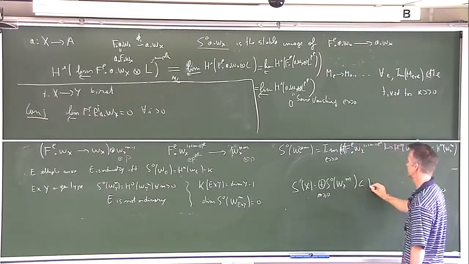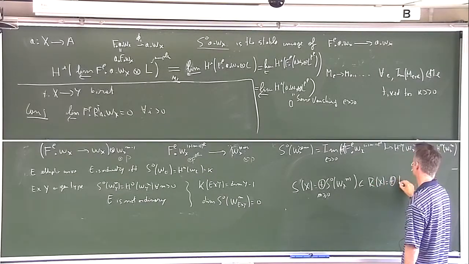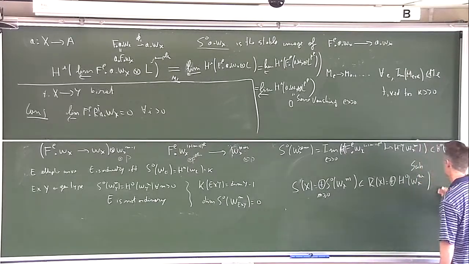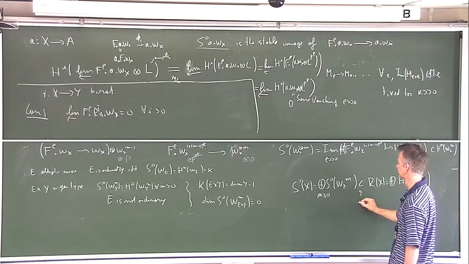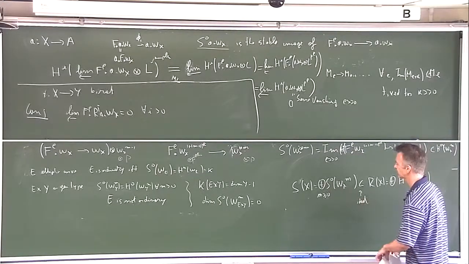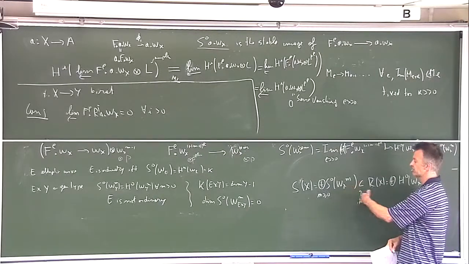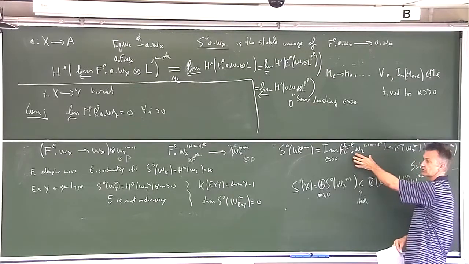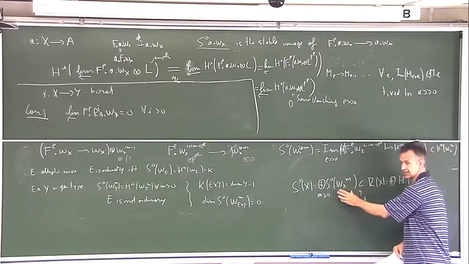This is clearly contained in the canonical ring, which is the direct sum of H0 omega X to the m. And it's easy to check that this is an ideal. Anytime you take a Frobenius invariant form and multiply it by some pluricanonical form, you use the projection formula, and it immediately tells you that their product is again in here. So it's an ideal.